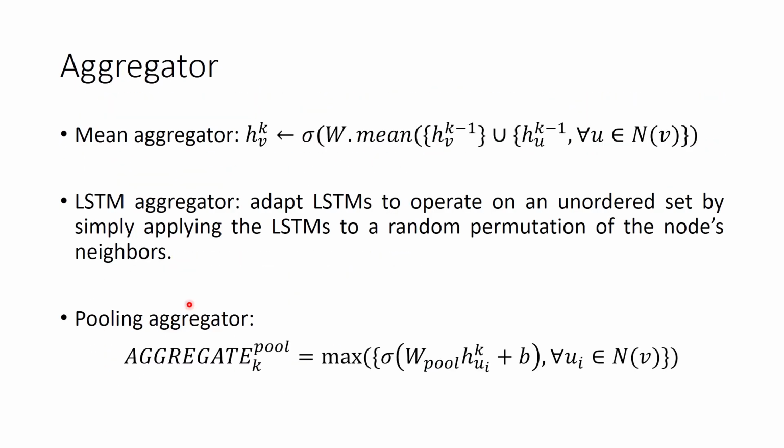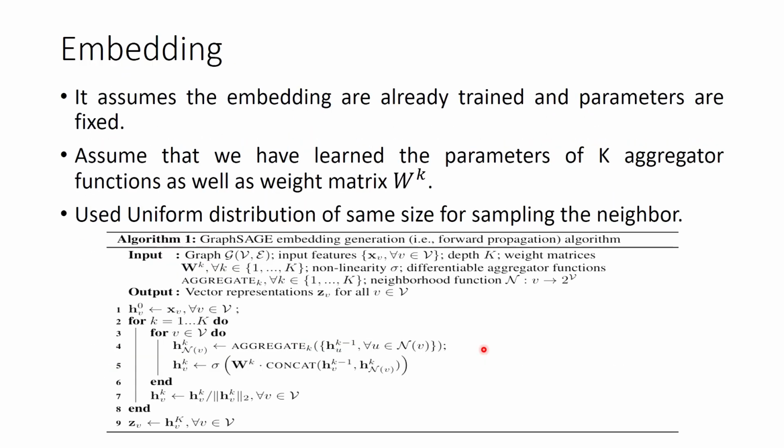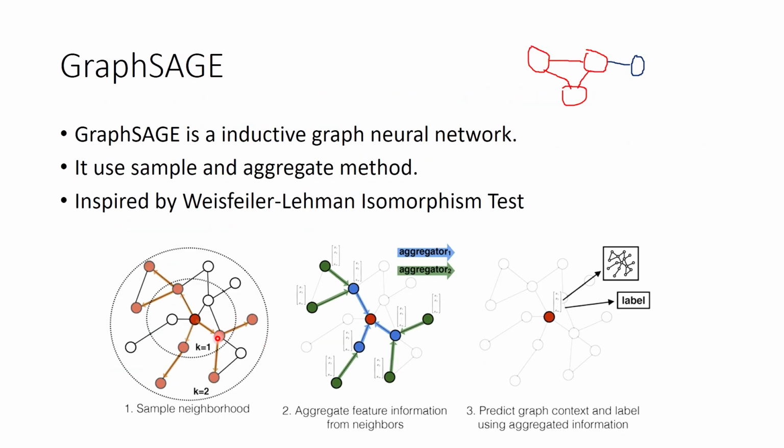Then the pool aggregator of k into pool is equal to max of sigma(W pool, which is a learnable parameter, times Ui, plus beta, which is bias), where Ui belongs to the neighborhood of V. So here we can say we are taking this max.